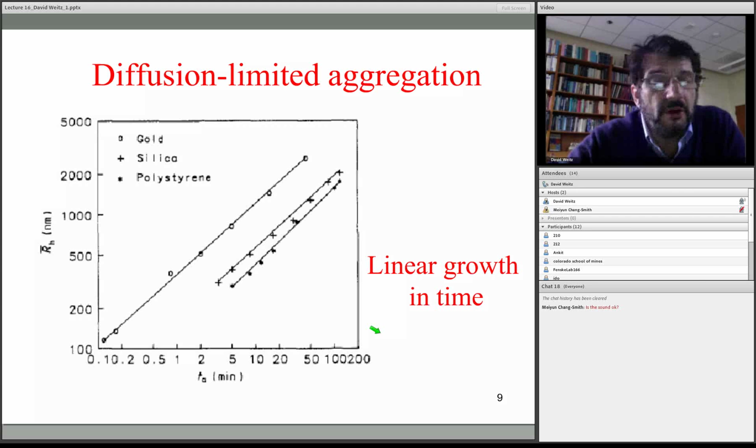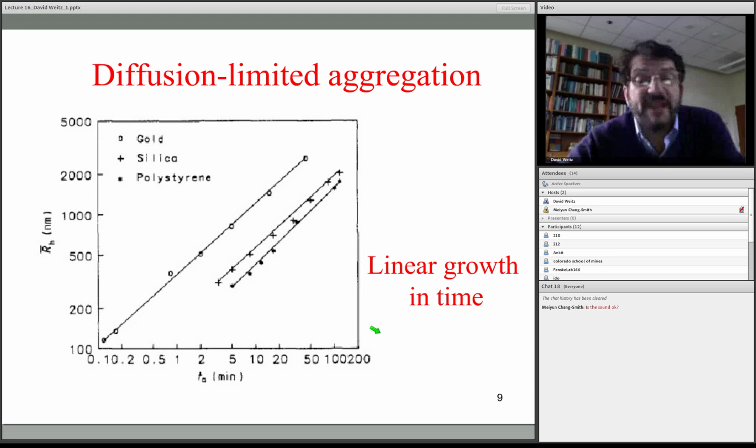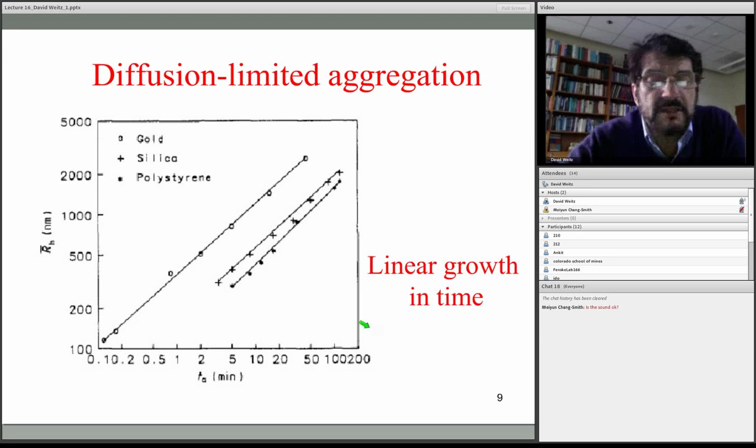It's linear growth in time, plotting the cutoff size as a function of the aggregation time. And again, this is absolutely what is predicted by the mean field description, the Smoluchowski description.